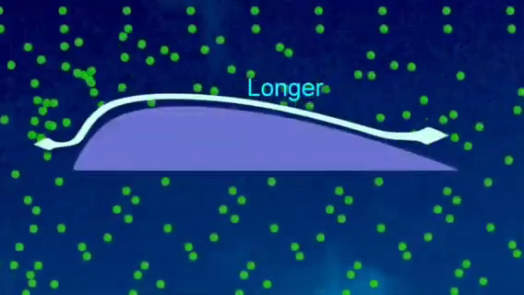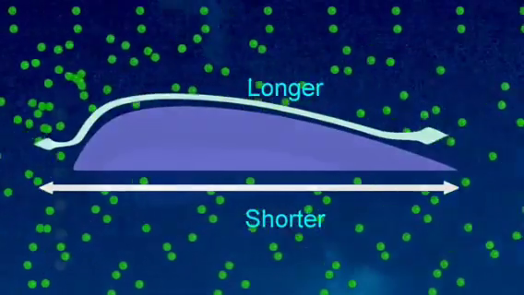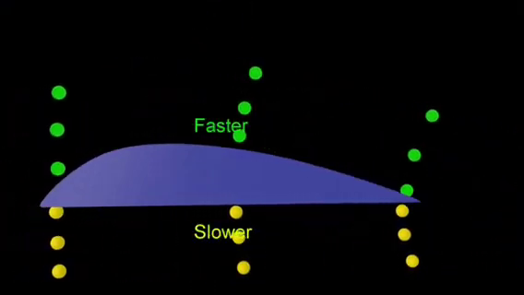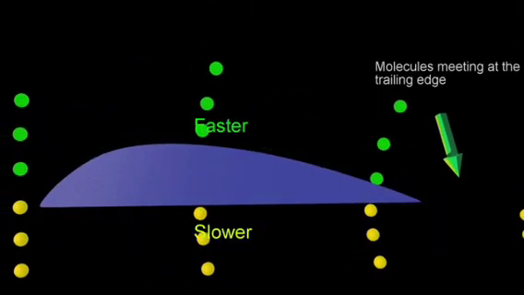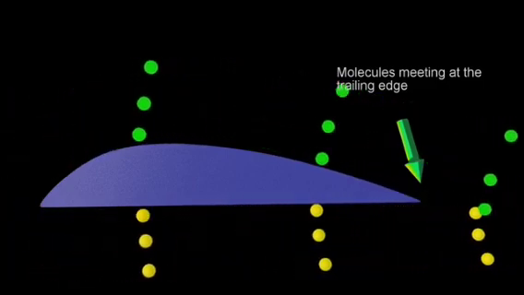The theory states that airfoils are shaped with the upper surface longer than the bottom. Since the molecules going over the top of the wing have to travel along a longer path, they must travel faster than the molecules moving under the wing, so that they can meet again at the trailing edge at the same time.